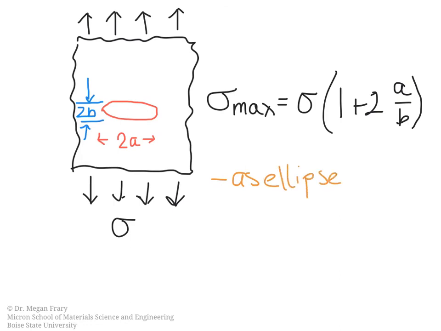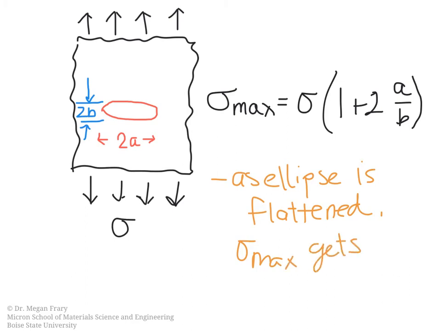As the ellipse is flattened, it becomes a little bit more crack-like and a little bit less notch or pore-like. Sigma max gets very high. This is how a higher stress concentration can be generated.